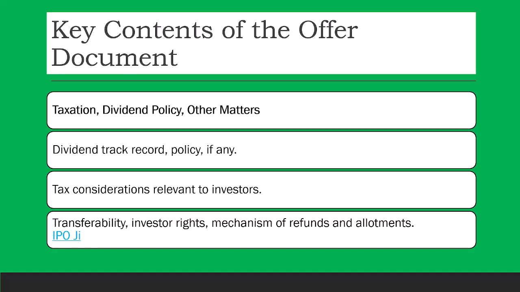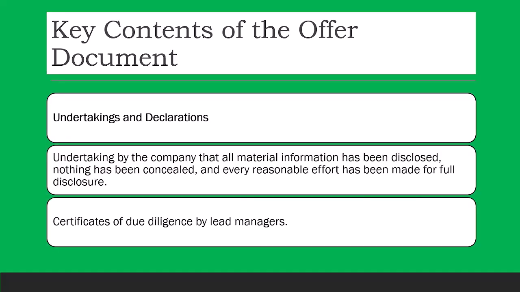Then what taxation they are paying. Any tax considerations relevant to the investors, they must disclose that. And the transferability and other things they have to mention, and how they are going to refund the money if the shares are not allotted. Okay. Fine.